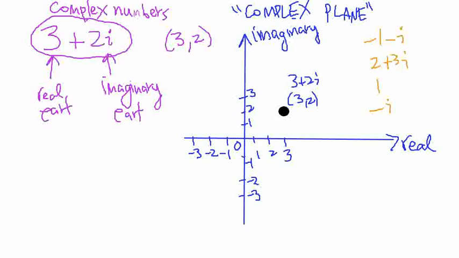Now notice that the last 2 complex numbers don't have 2 parts added together. If that bothers you, you can think of the third one as adding a 0i, so you have a 0 imaginary part. The minus i, you can think of that as 0 plus minus 1 times i, if you like. Hopefully that doesn't surprise anybody. All right, so go ahead and try to plot those if you can.